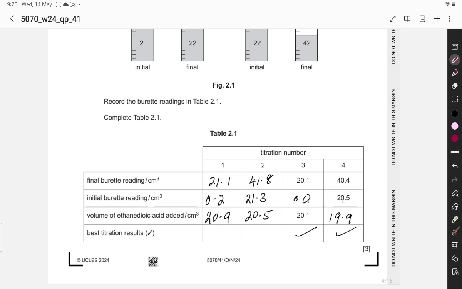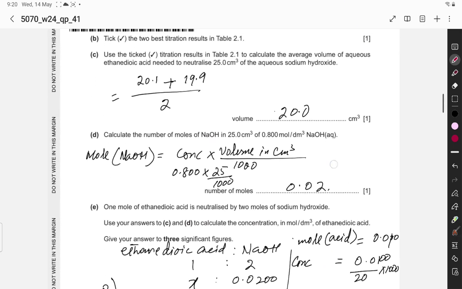The final reading is 40.4 and the initial reading is 20.5. The volume used, by subtracting the initial from the final reading, is 19.9. So these are the closer values. The difference between these is less than 0.2, so these are the best titrations.